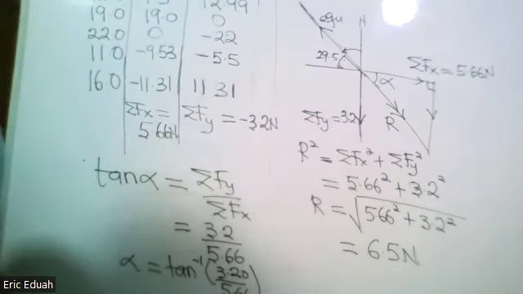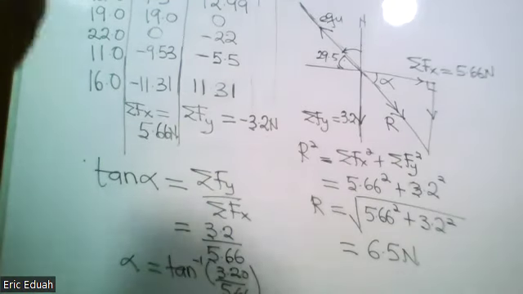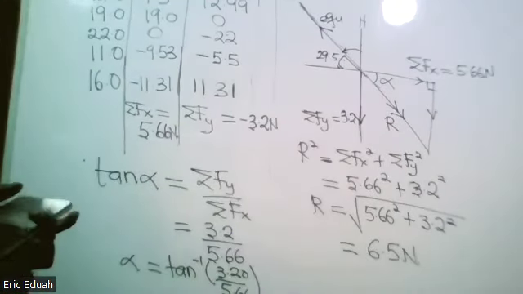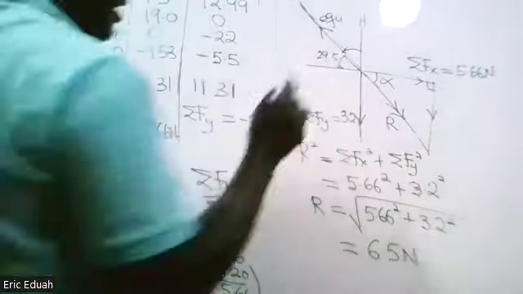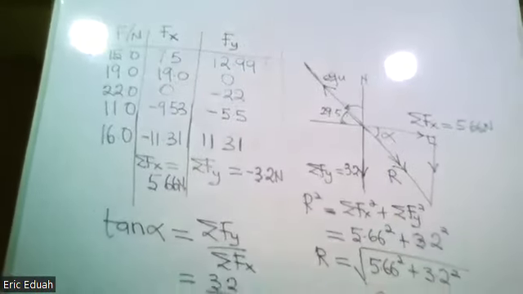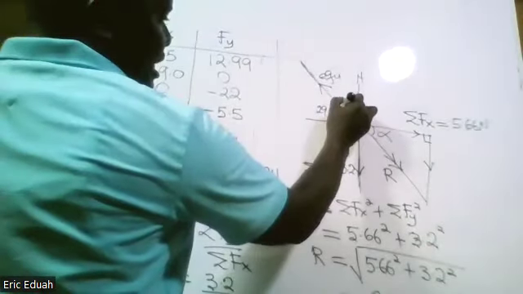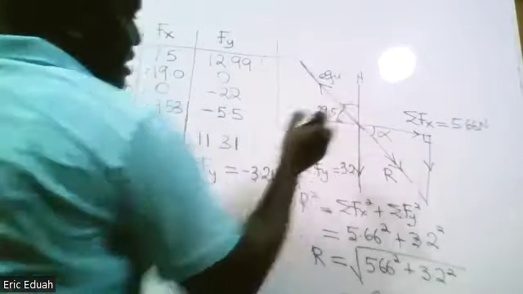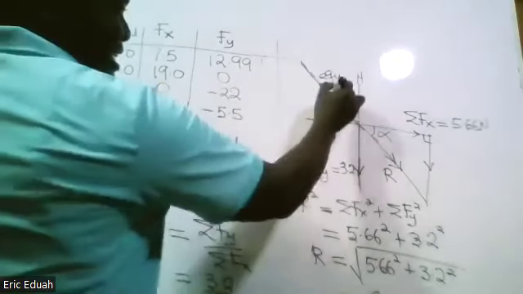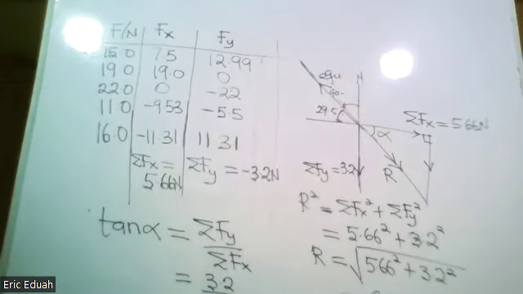Please, is that okay? Okay. So please can you come again? What I'm saying is that if this is 29.5, what is the remaining angle which complements this? That will be 90 minus 29.5.